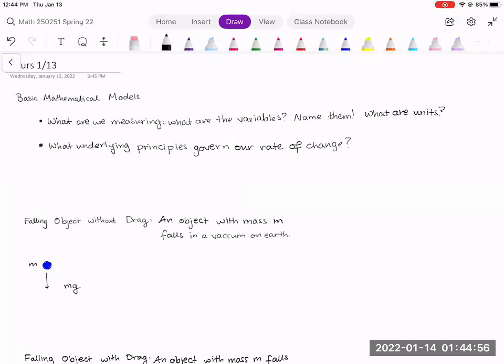So for example, in some of the examples we're going to see, we'll use things like, the rate of change is the rate in minus the rate out, or we might use Newton's second law. The sum of the forces gives us the mass times acceleration.